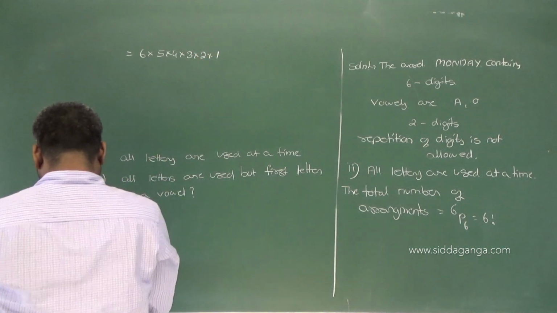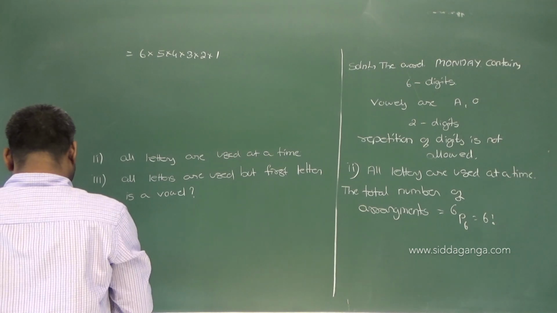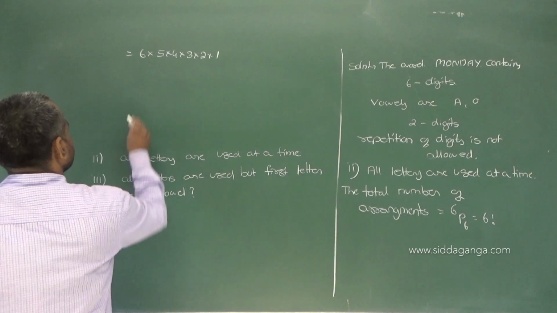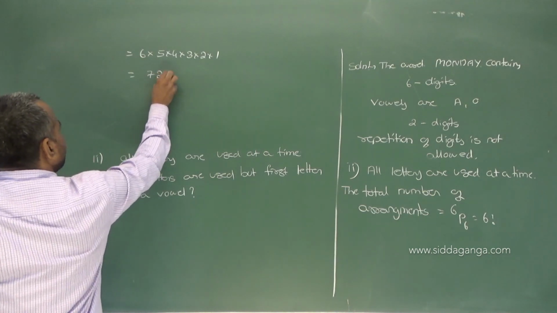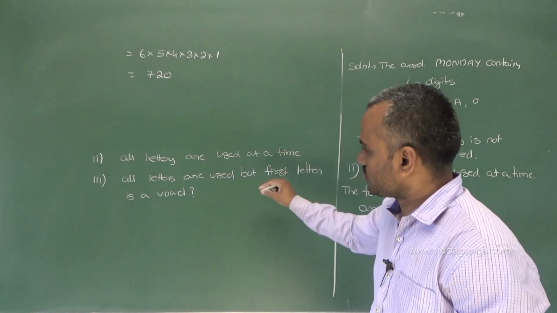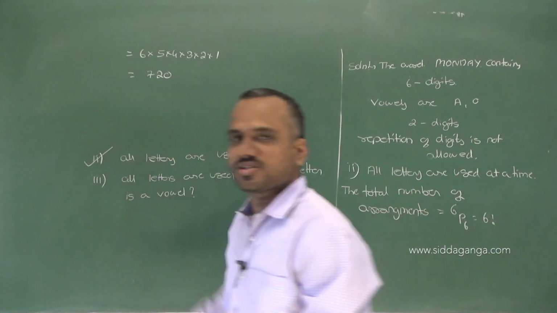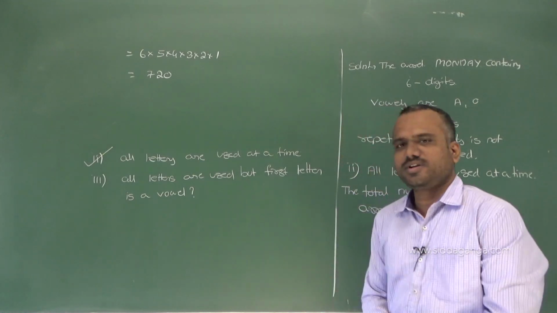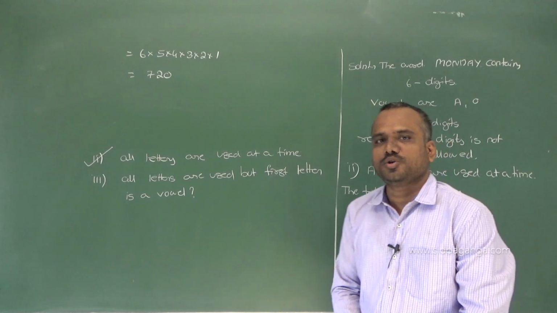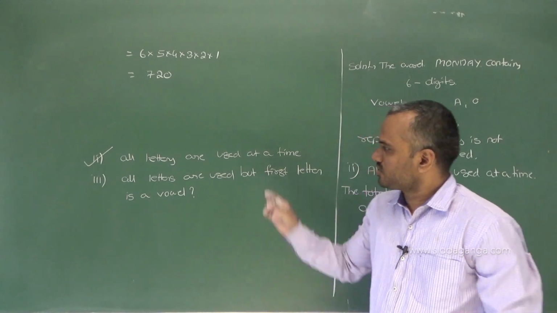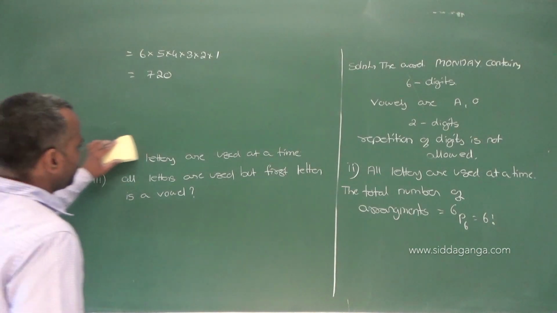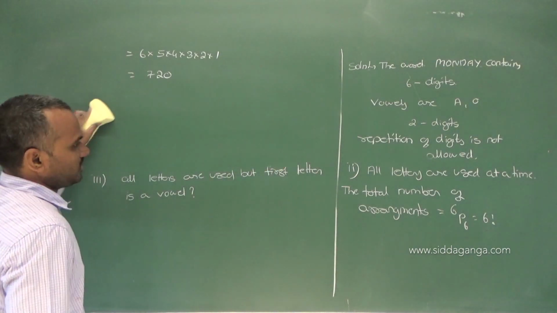Calculate. 720. Second question answer is 720. Second question is over. Third question, yes, a very important question.